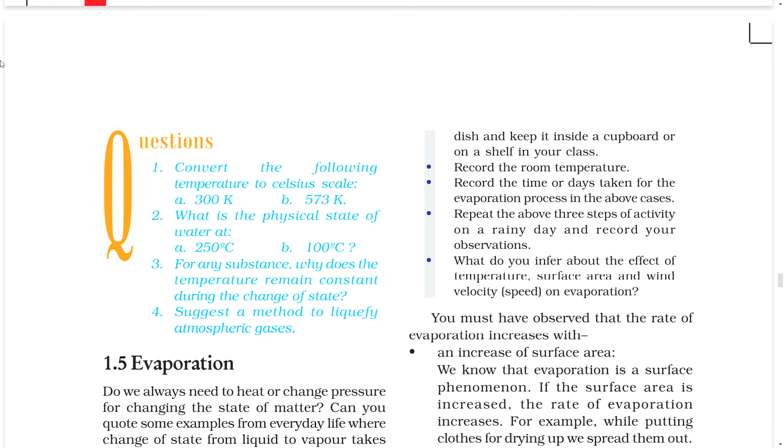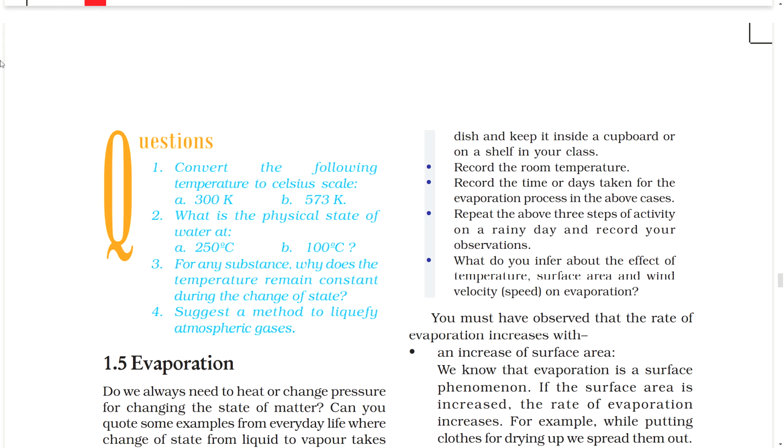Record the room temperature. Record the time or days taken for the evaporation process in the above cases. Repeat the above 3 steps on a rainy day and record your observation. What do you infer about the effect of temperature, surface area, and wind speed on evaporation?